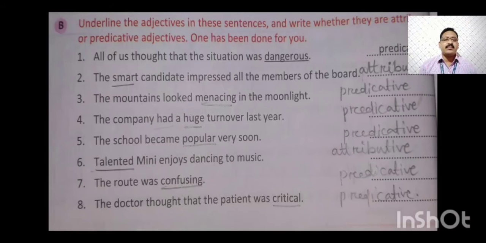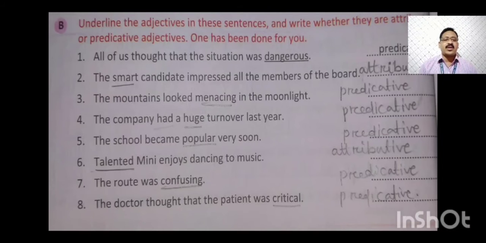Talented Minnie enjoys dancing to music. Here after talented, that is the adjective, Minnie is the noun. So it is an attributive adjective. The route was confusing. Confusing is the adjective in this sentence, but there is no noun after it. The noun is before the adjective. That's why it is a predicative adjective.